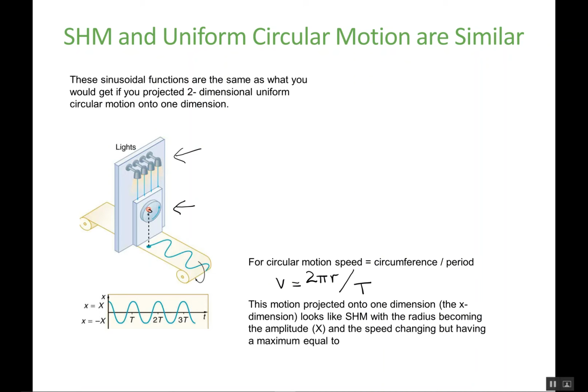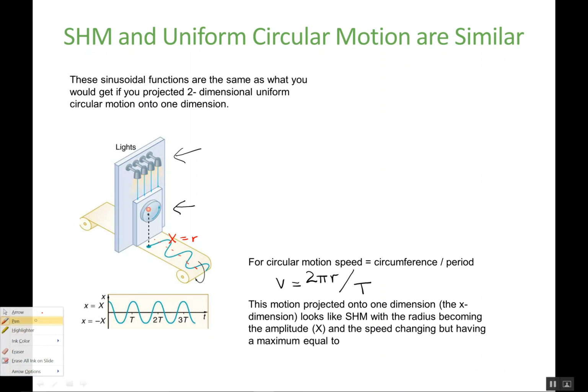So let's begin by writing down an expression for the speed of a particle undergoing uniform circular motion. The speed of a particle undergoing uniform circular motion is the circumference of the path that the particle is following divided by the period for 1 revolution. So we can write that as v equals 2 pi r, where 2 pi r is the circumference of a circle and r is the radius of the path, divided by a capital T.